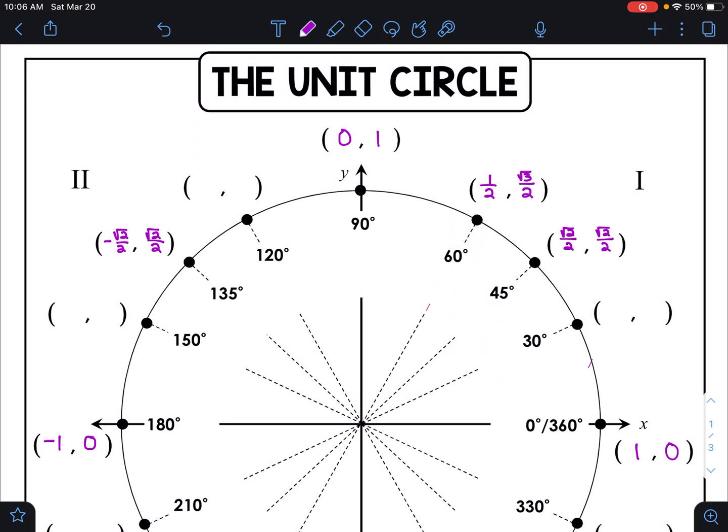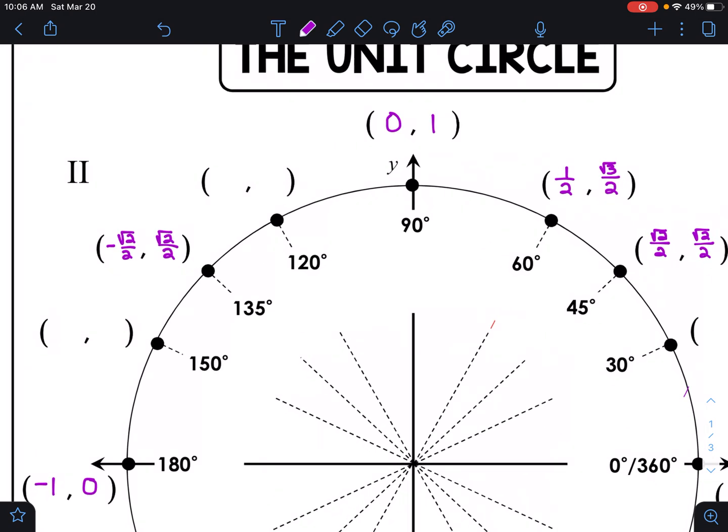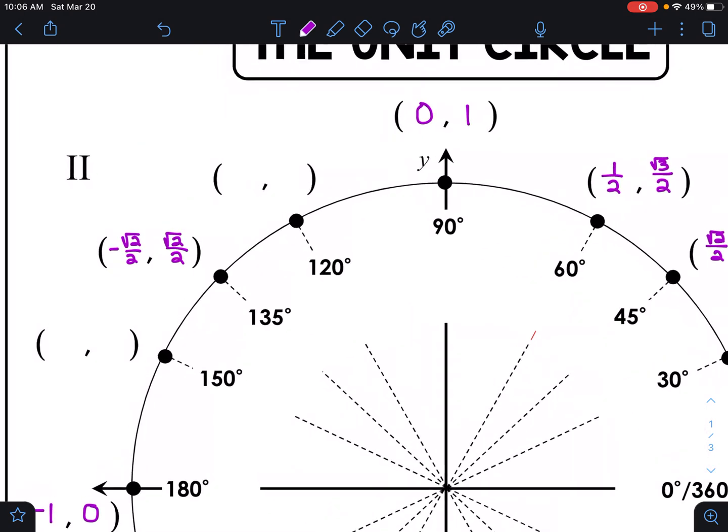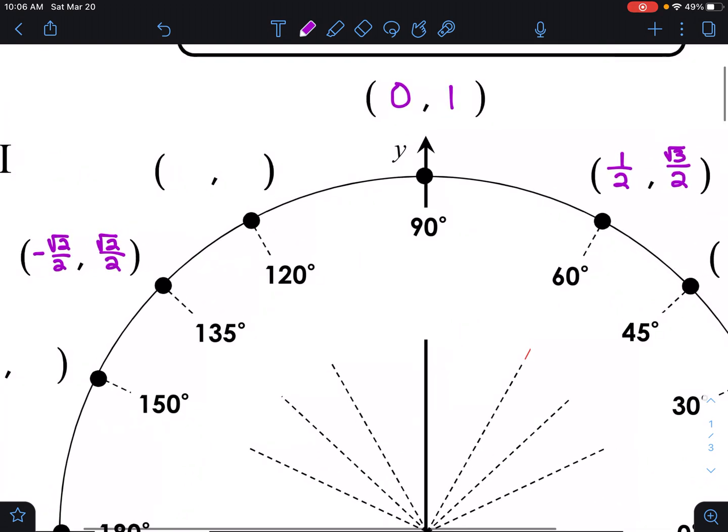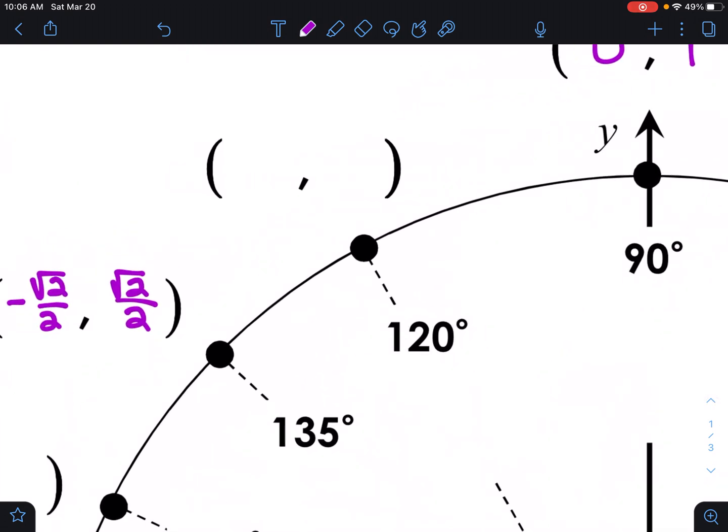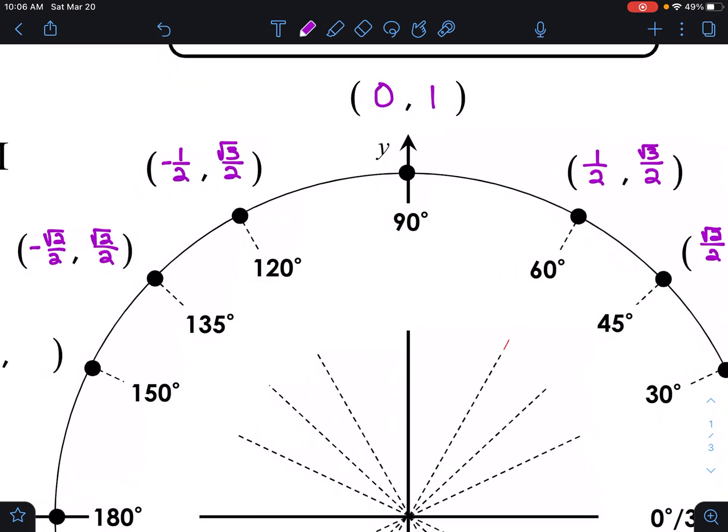Okay, so I'm going to do these other 60 degree ones. So 120 is going to be the same as 60, just x is going to be negative. So I'm going to have negative 1/2, and then square root of 3 over 2. Notice how those are the same, just different signs, right?